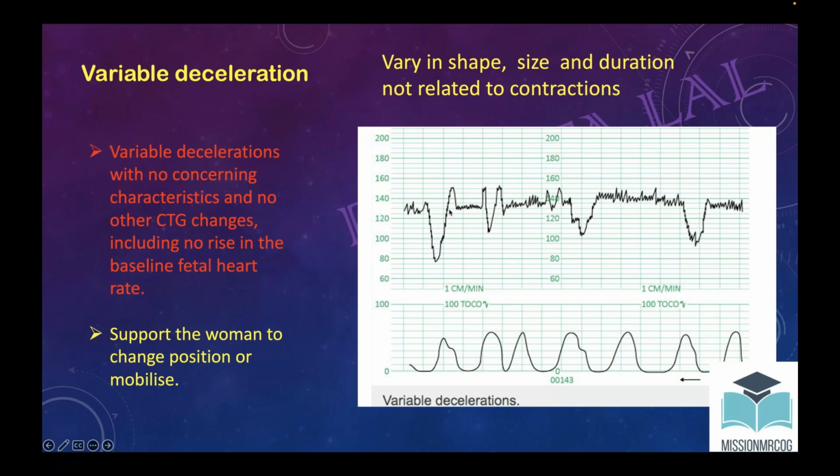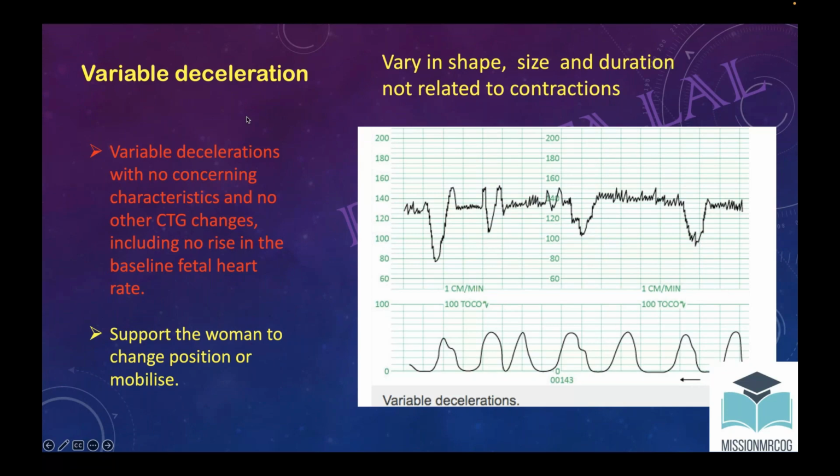If you see this deceleration, you can see the loss of variability inside the deceleration. Loss of variability inside the deceleration is a concerning feature. You can see a W shape. This is also a concerning feature. So these are variable decelerations.